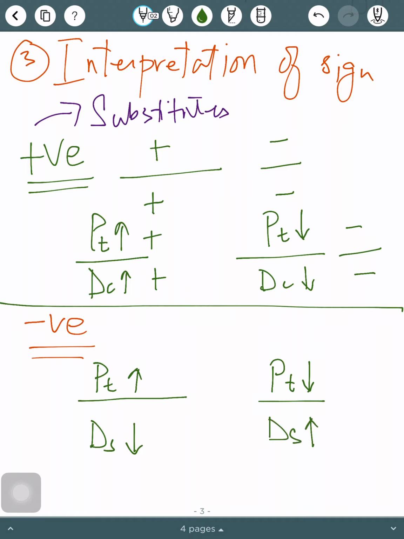So the demand for sugar will rise. So again, for a positive change in price, we've got a negative change in demand, and for a negative change in price, we've got a positive change in demand. In both cases, the answer will be negative. And this would be the case for complementary goods or complements.